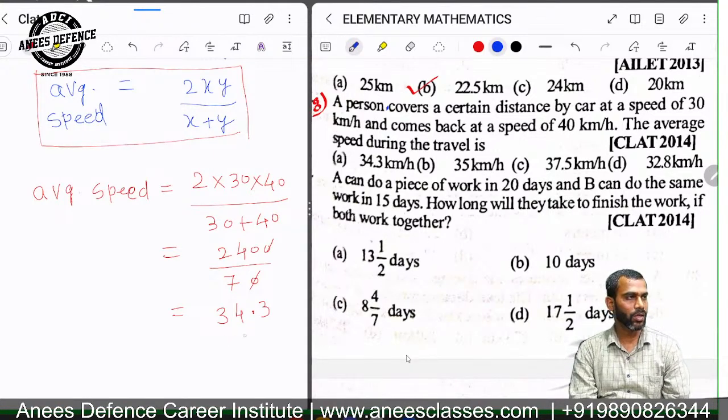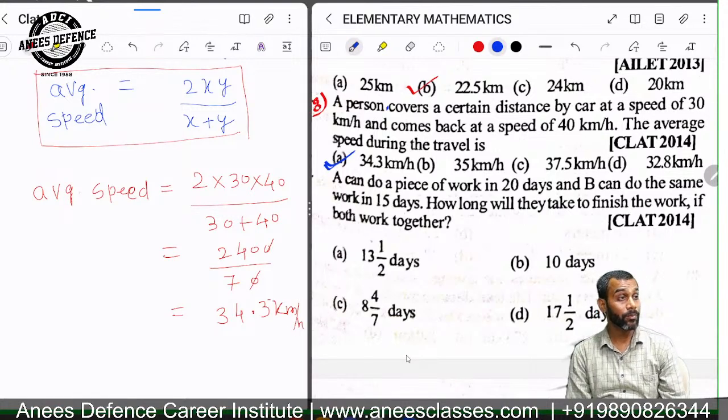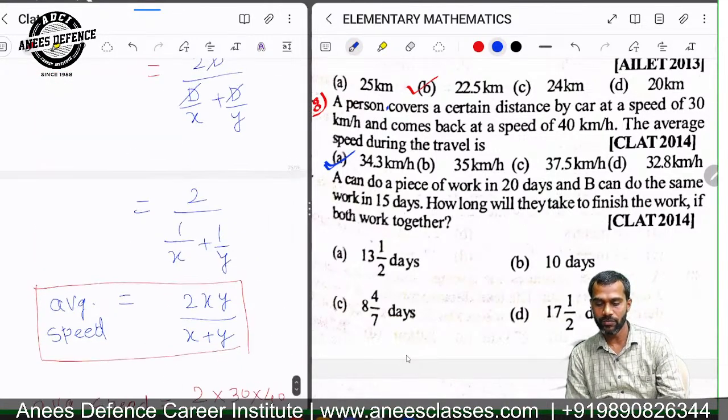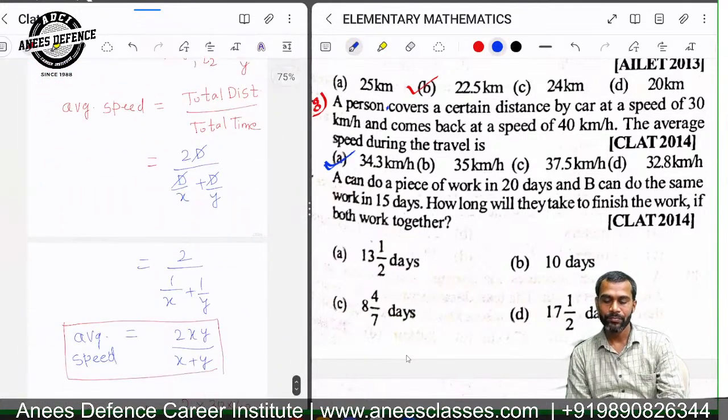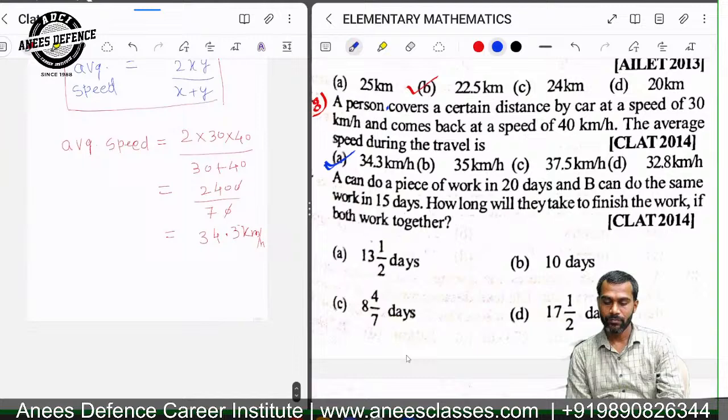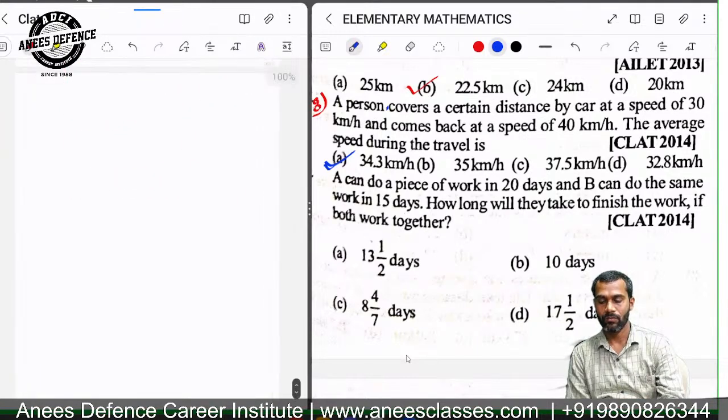So approximately, A is the right answer. Approximately 34 point something kilometers per hour. Is it clear? Remember this formula. You don't have to derive this one, but I hope you understood how it is coming. Shall we move ahead? Okay.